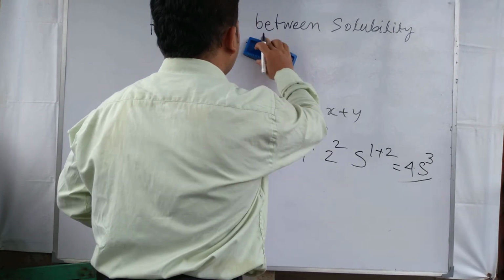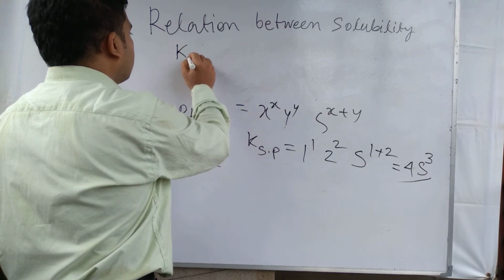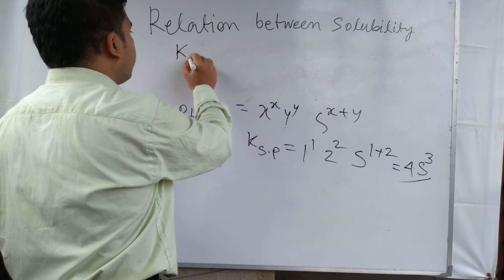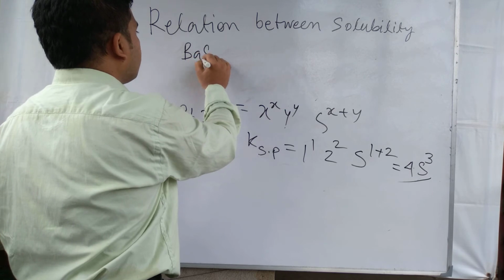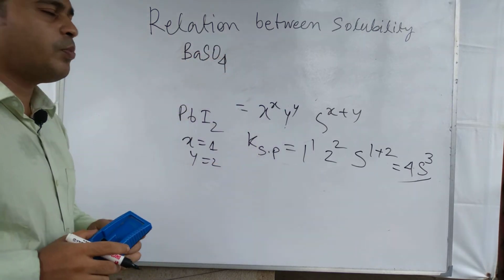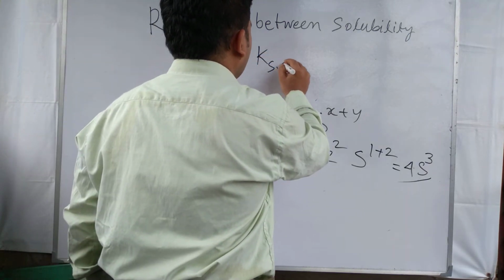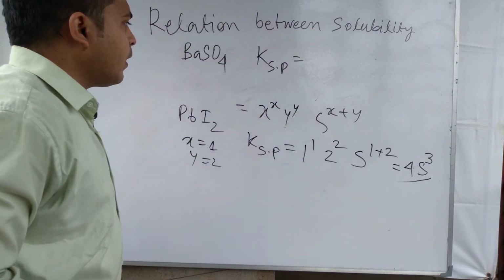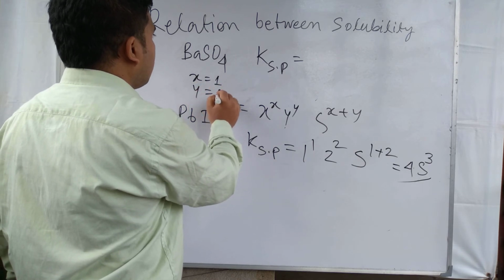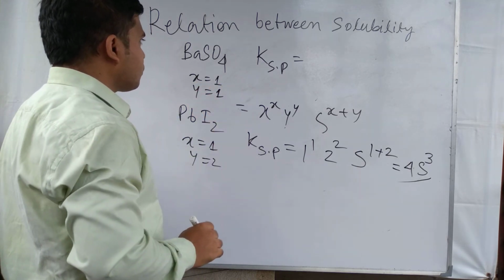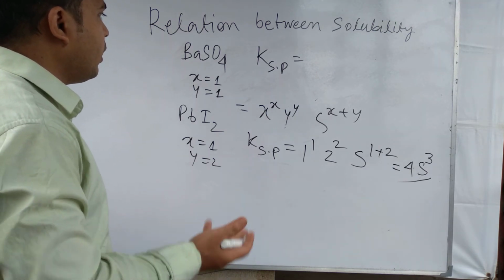Similarly, we can find the solubility product expression for other salts like BaSO4. BaSO4 is also a sparingly soluble salt, and for this salt we can find the Ksp equation, and here x equal to 1 and y equal to also 1.